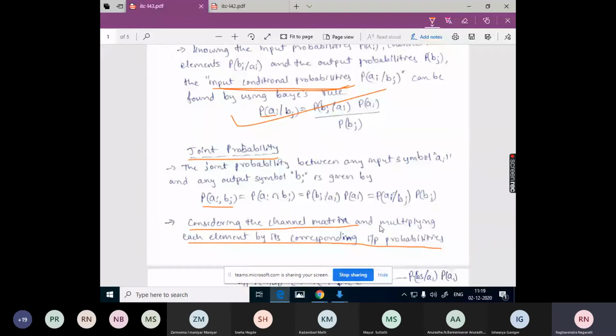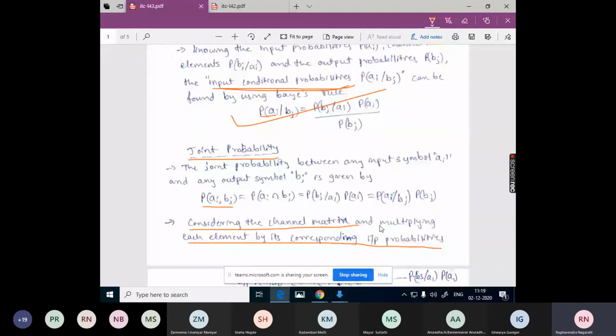Here P of Bj by Ai, we are multiplying with the probability of the input symbol. On the left-hand side also we multiply with the probability of the input symbol. The input symbol is Ai here, so P of Ai. So this becomes what?